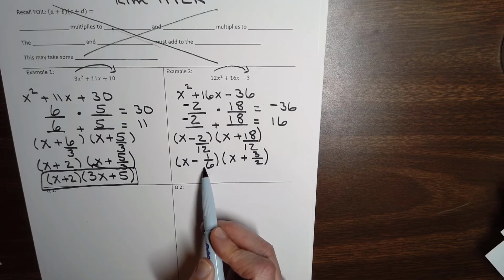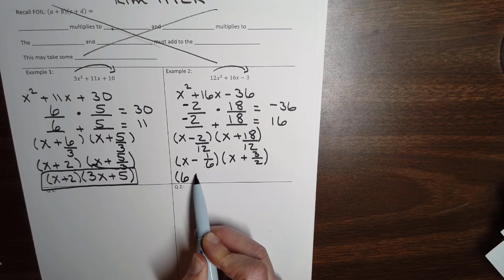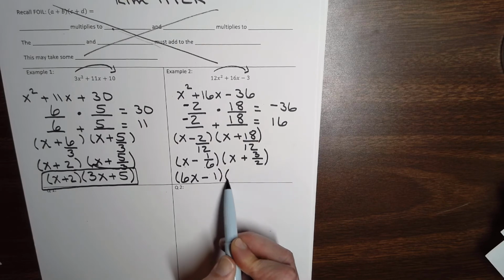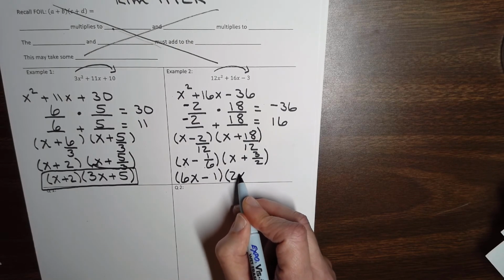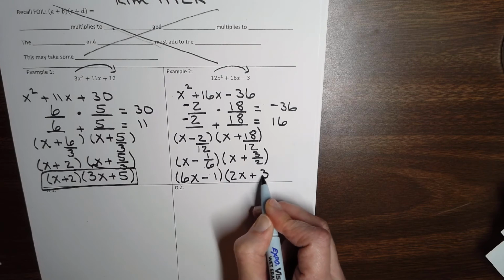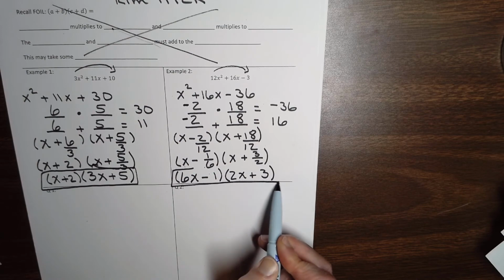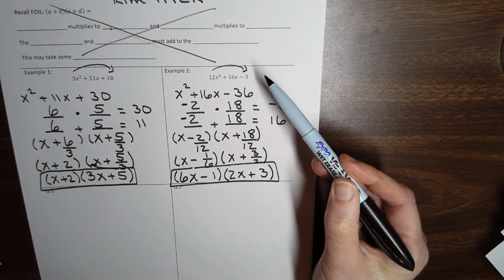And so now I'm going to take that denominator and move it right in front of that variable in the same parentheses. So I get 6x minus 1. Same thing here, bring that 2 right over. And so I get 2x plus 3. And these would be the factors for our trinomial.